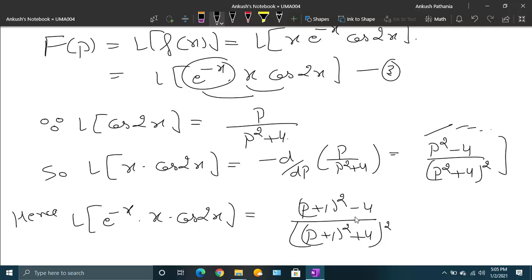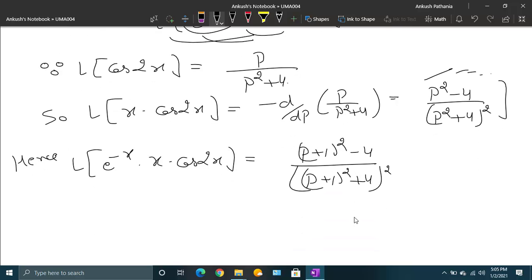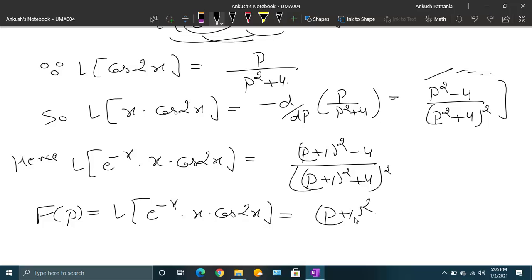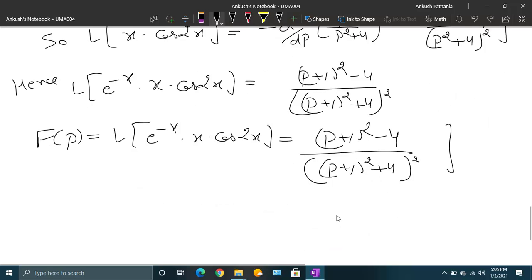So this is the F(p) that we were looking for, the Laplace of f(x). Done. Hence we got F(p).